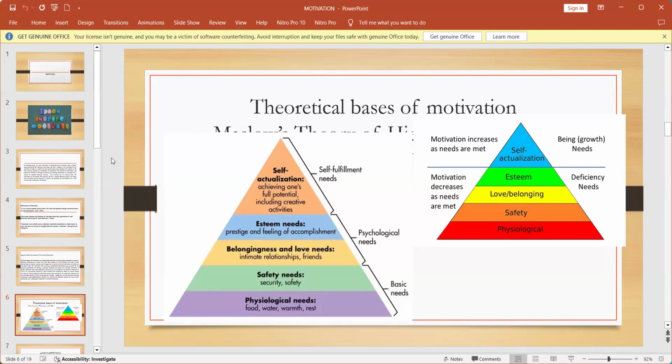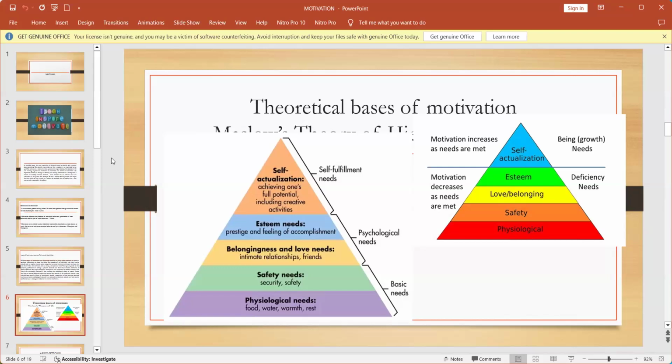According to Abraham Maslow, we have 5 levels of needs. They can be put into a hierarchical order, in a pyramid-like form.